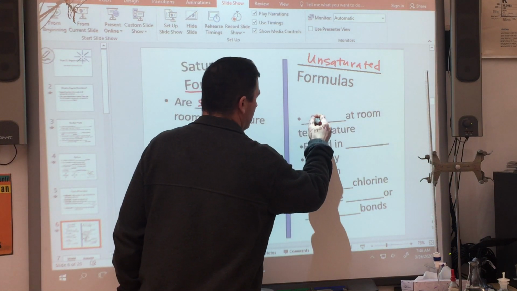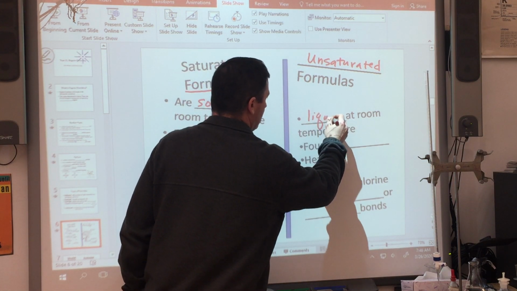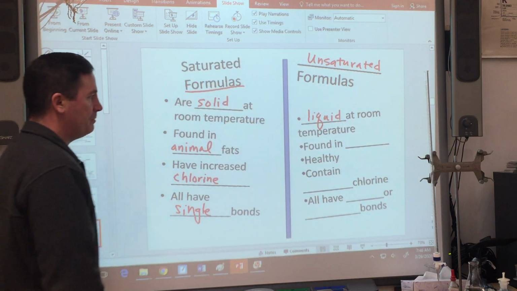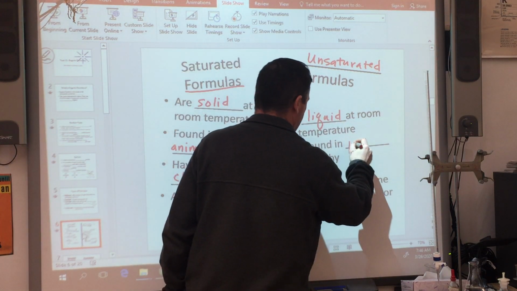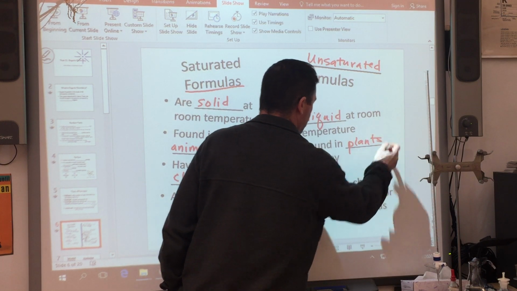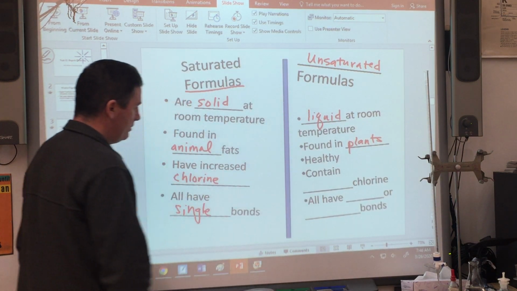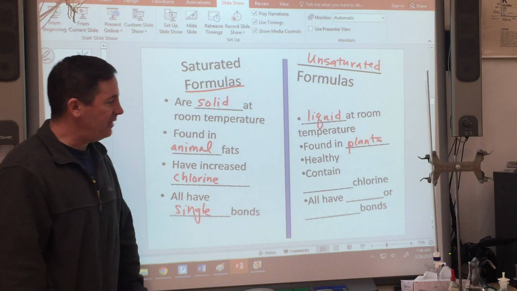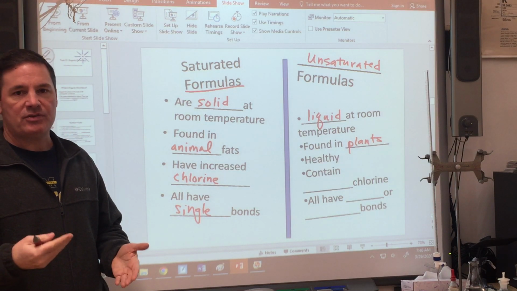Unsaturated are liquid at room temperature. They'd be found in plants. They're healthier for you versus animal fats. Animal fats tend to bring up your levels of cholesterol.